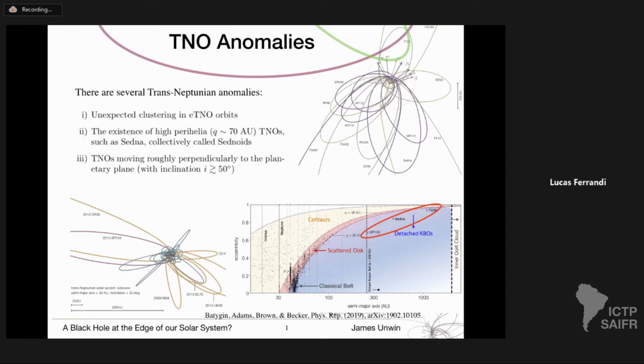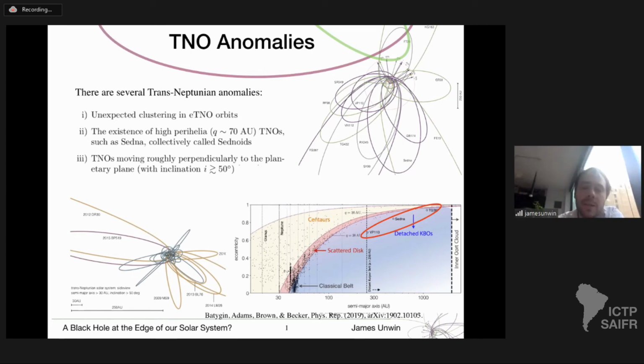I imagine other trans-Neptunian objects could be used for finding these objects beyond the... Well, yeah. Quite. This is one of the questions of observational bias, which is perhaps the reason why we see the clustering, for instance, is because we can't see all these objects.